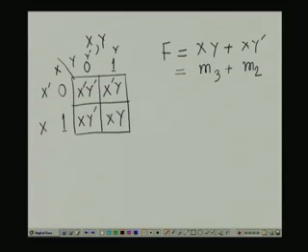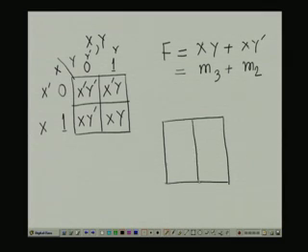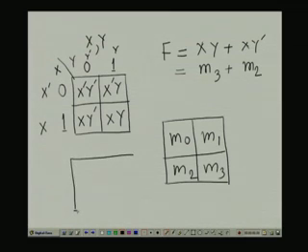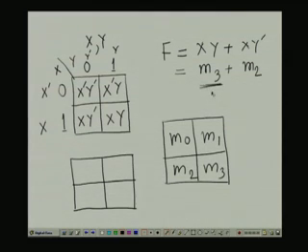Now, how will this Karnaugh map be? This is the position of m 0, this is the position of m 1, this is the position of m 2, this is the position of m 3. Here, the product term, that means the min term, will be 1 and the function will be 1.